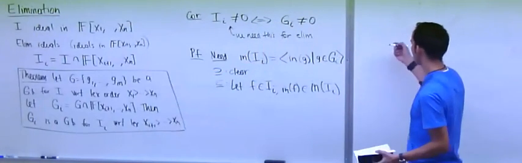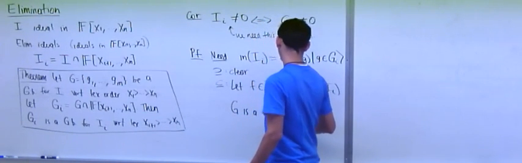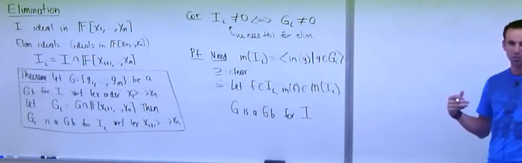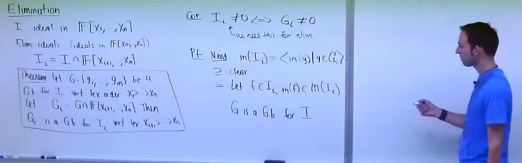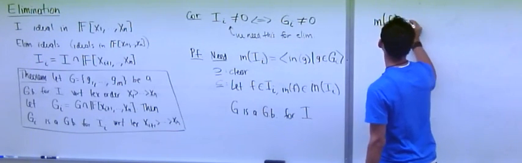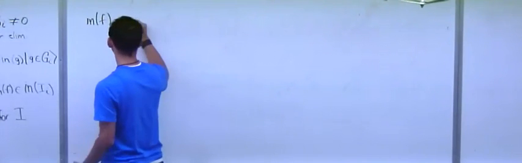I know that G is a Gröbner basis for my whole ideal, right? And that means that the initial monomial of any polynomial in I, in particular f, is generated by the initial polynomials of the Gröbner basis. Okay? So that means that I can write some equation like this.